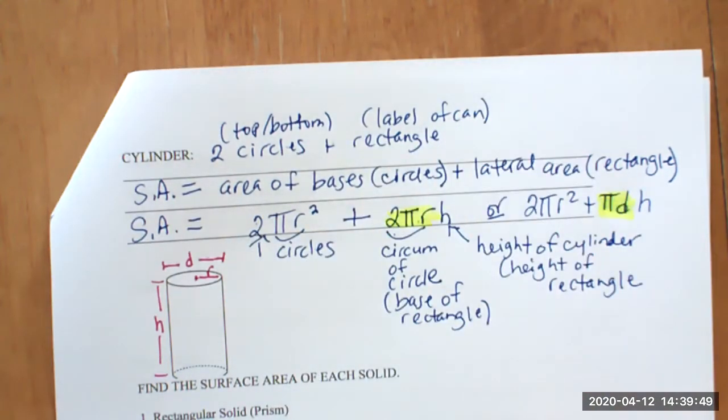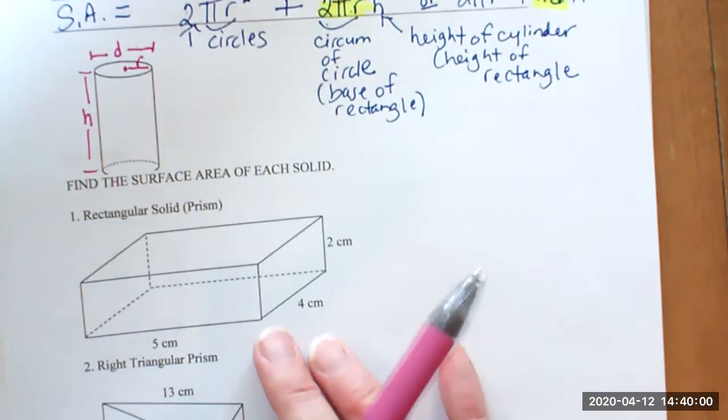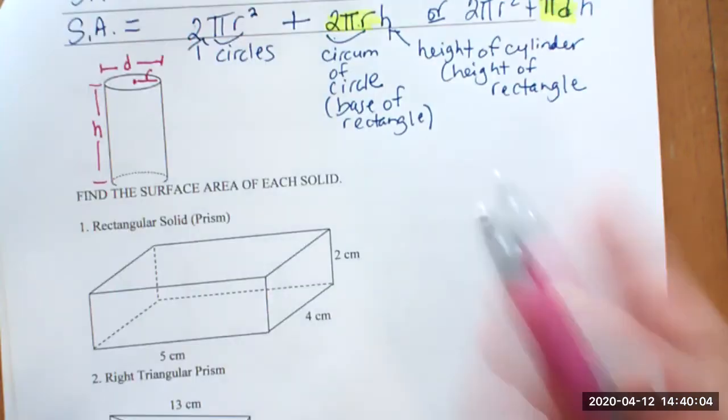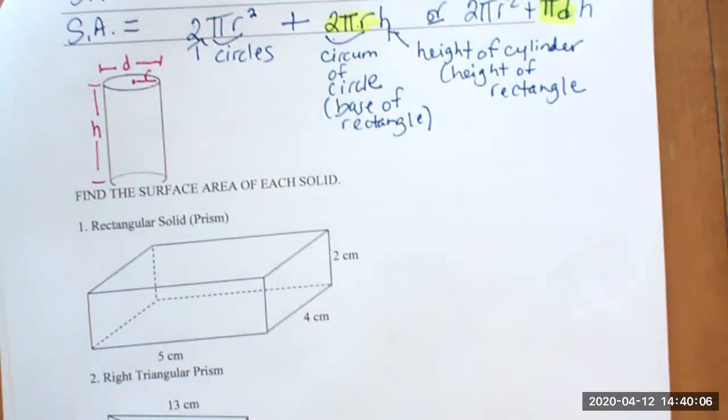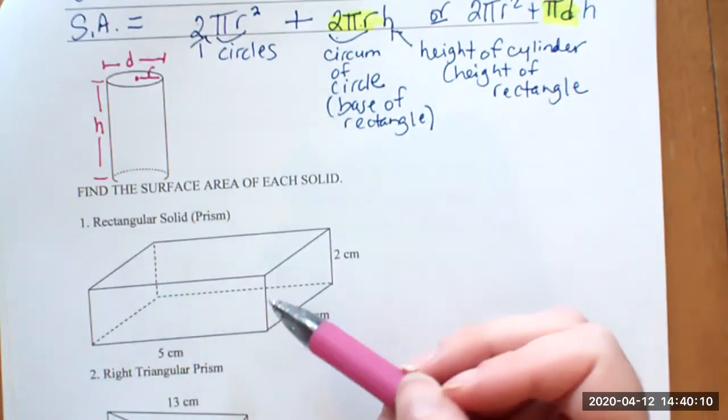All right, so let's look at calculating the area of a rectangular solid, like the cardboard box that we were looking at originally when I had it taken apart as a net. We're going to be calculating the area of all the sides of this box all together.